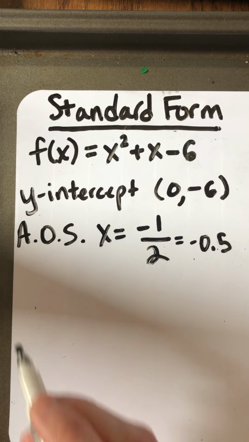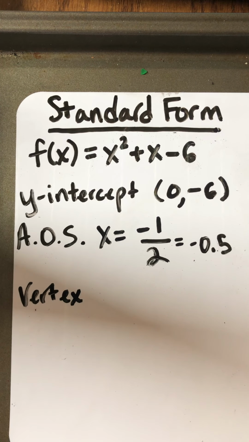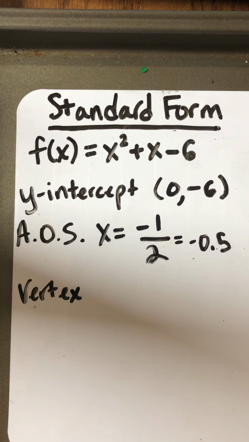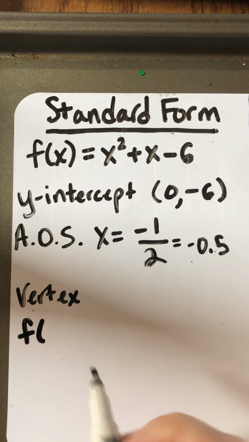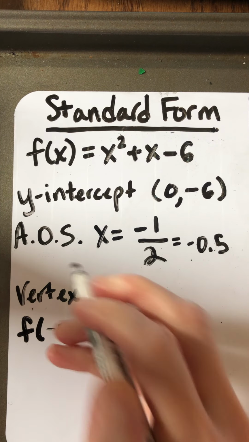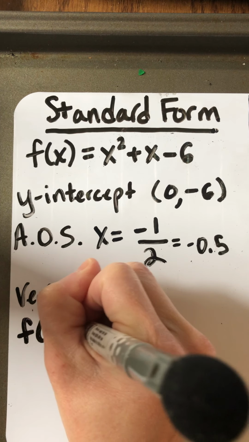Now, if we wish then to find the vertex of our parabola, that's the point that the axis of symmetry is going to pass through. It's going to be that maximum or minimum point on our graph. And so to find that vertex, I am going to evaluate the function at -0.5.